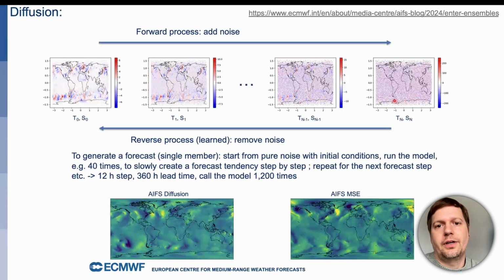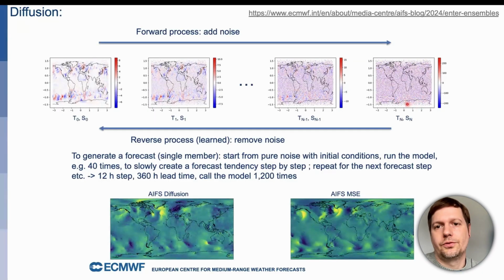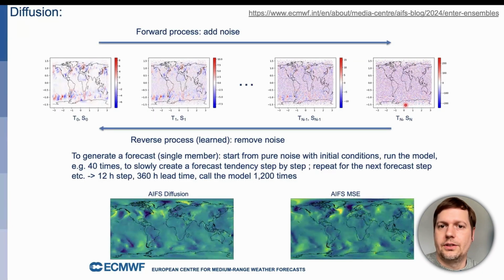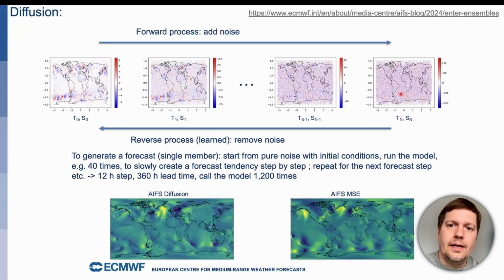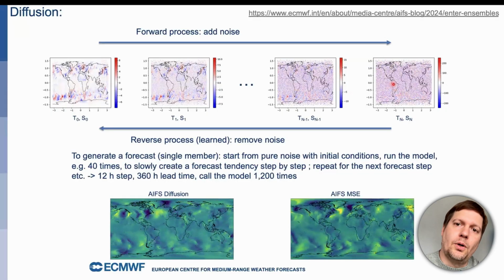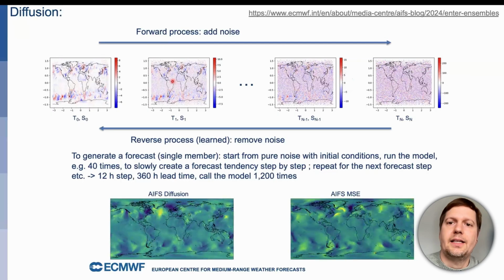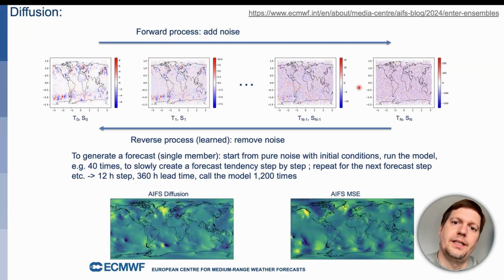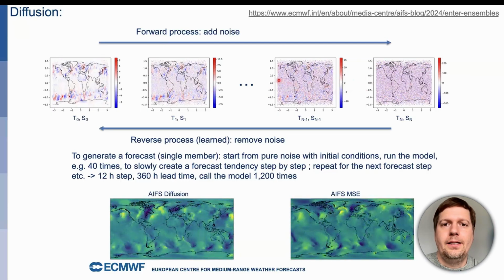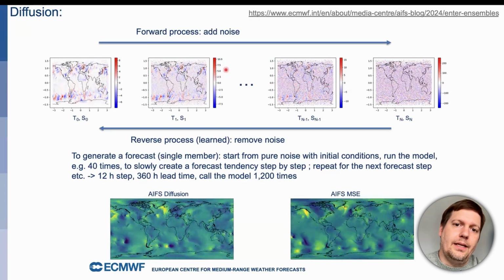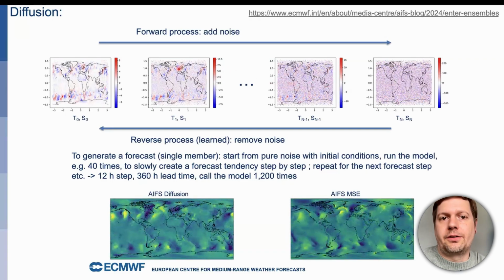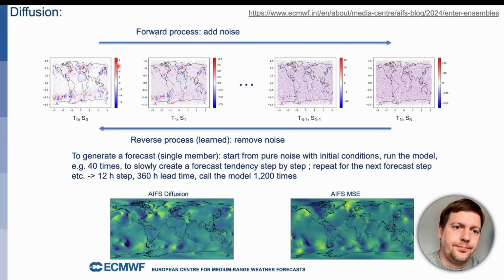So it learns to create a forecast tendency out of noise conditioned, for example, on the initial condition. And because the model doesn't have to do the full step at once, but can create these intermediate states where it's conditioned on already partly denoised states, it can then generate realistic structure.